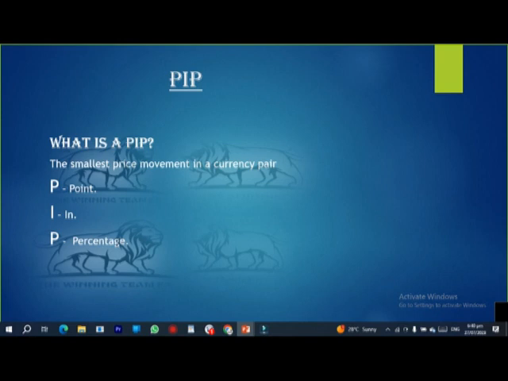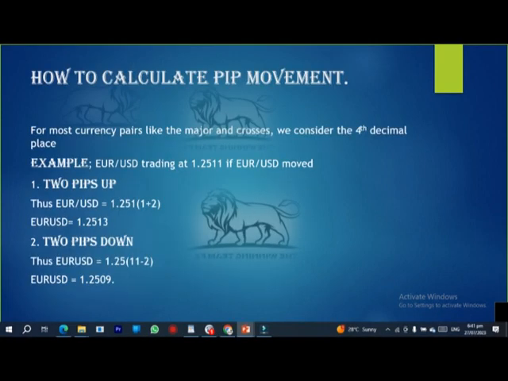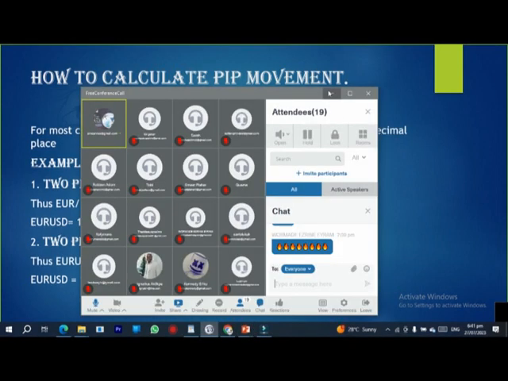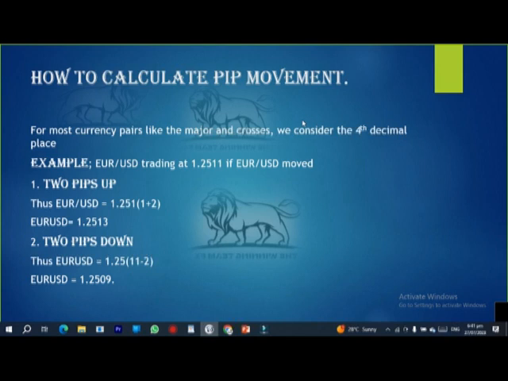Okay, so let's move on and see. How to calculate pip movement? For most currency pairs like the majors and crosses, we consider the fourth decimal place. For most currency pairs like the majors, we have 7 majors which we talked about.